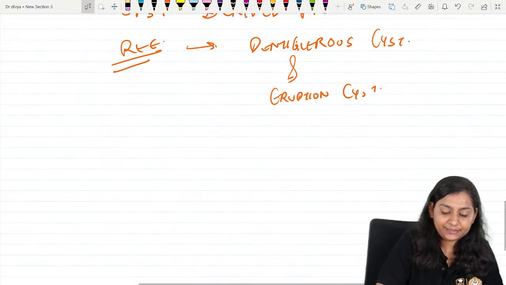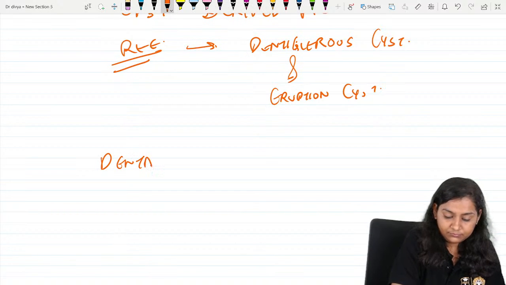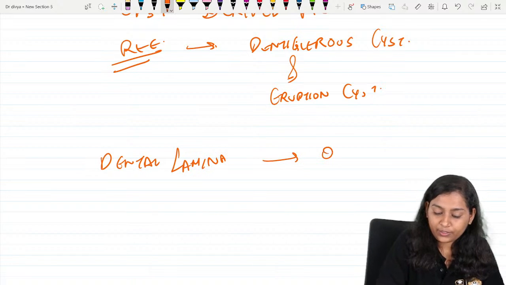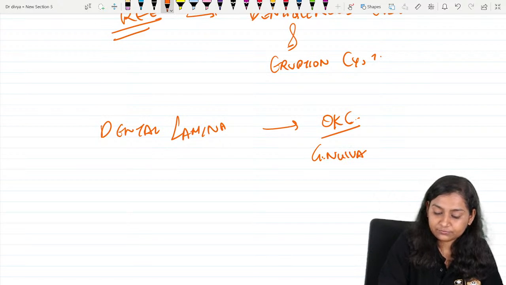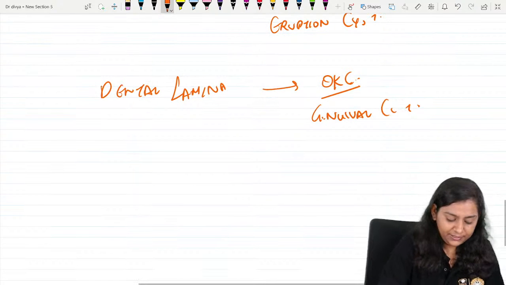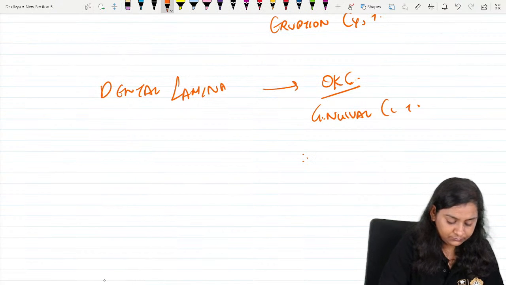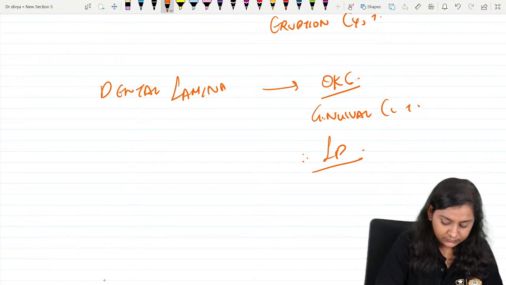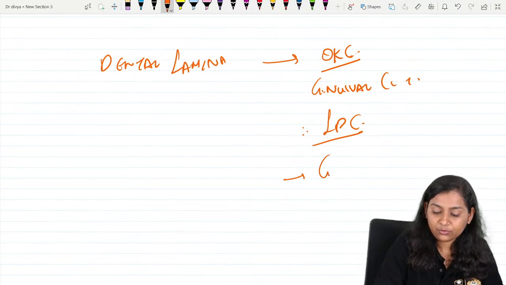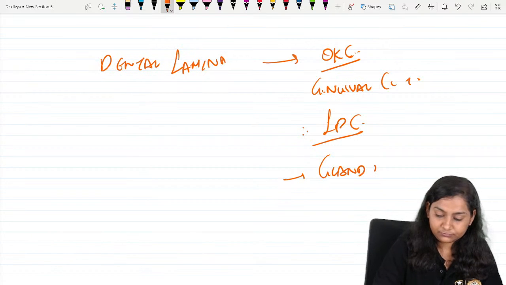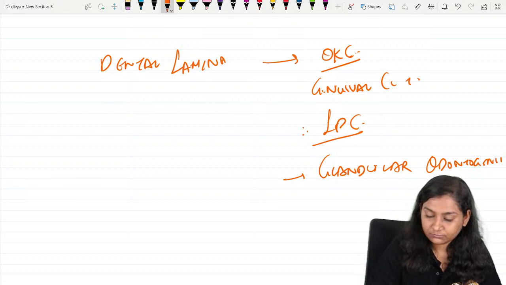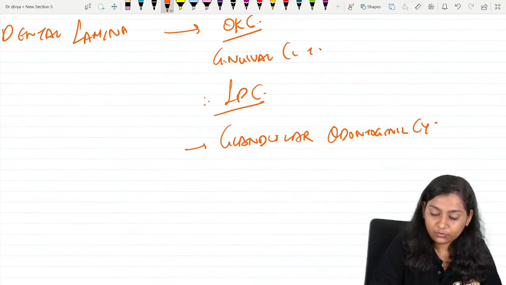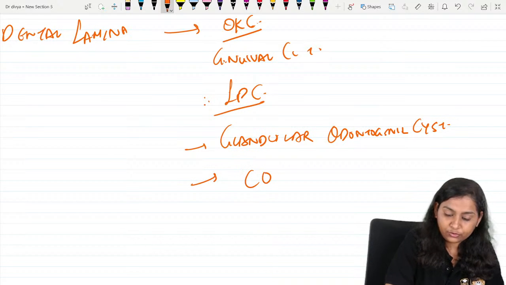Cysts derived from dental lamina: it is OKC, odontogenic keratocyst, gingival cyst, lateral periodontal cyst, glandular odontogenic cyst, and calcifying odontogenic cyst.